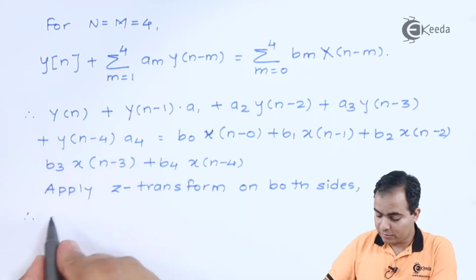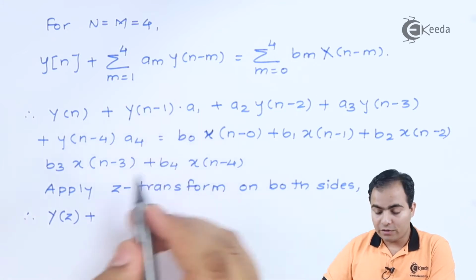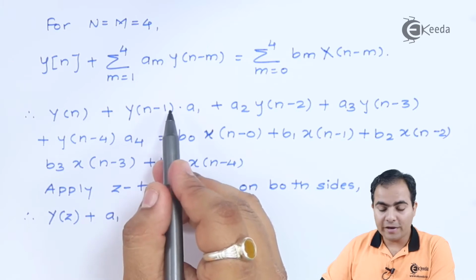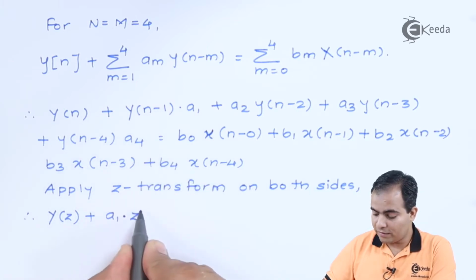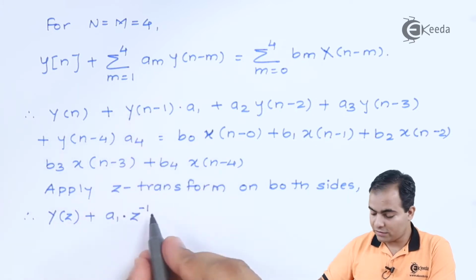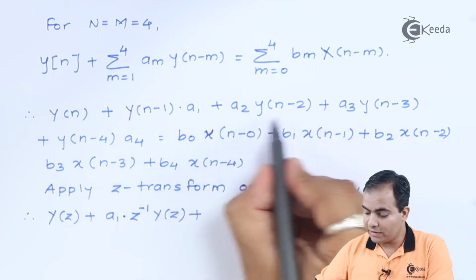This y of n is replaced by y of z. Next, first of all, the constant one, which is a1, and this is shifted by -1, so we'll place this value in the power of z as it is, that is z to the power -1, into y of z. Similarly, do the same thing with the next values also.